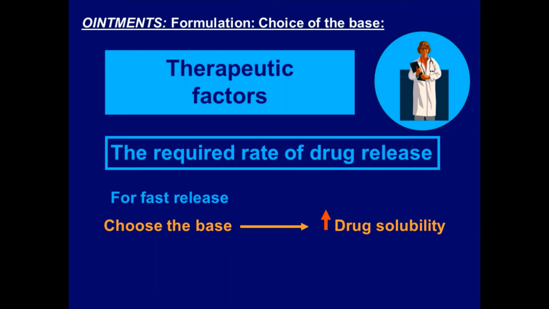So for fast release, choose a base with high drug solubility. Of course, high drug solubility in the base will decrease the amount released, but it will make the release of this small amount fast.